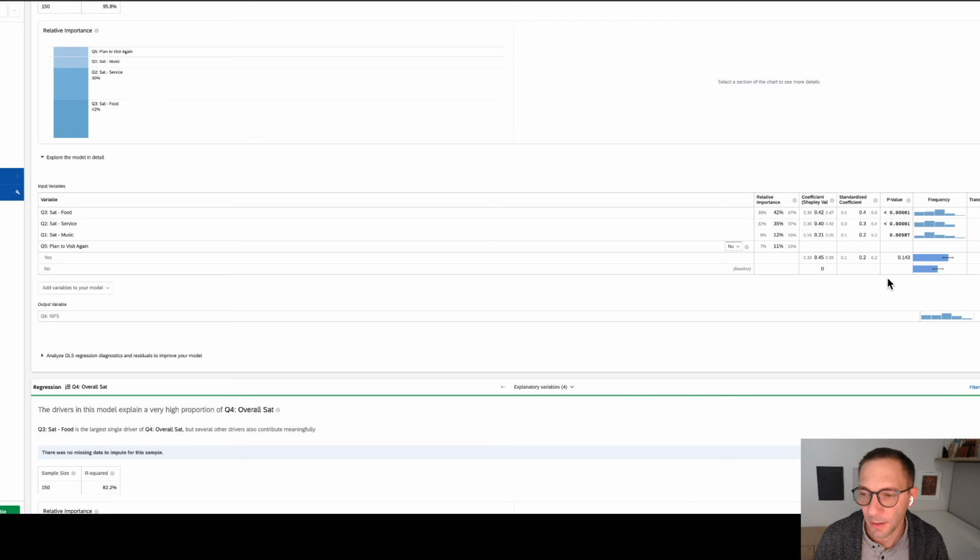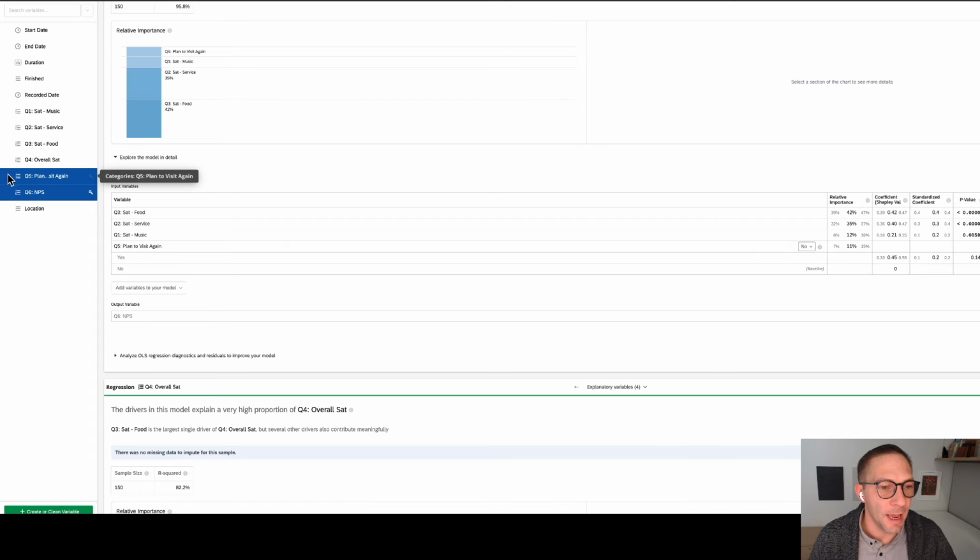It's not significant. But let's say that it was. What we'd say is, because the baseline in this case is a no, then we'd say as we move to a yes, so if they say that yes, they're likely to visit again, then we'd expect overall satisfaction to increase, to get higher. And that's while controlling for these other variables.